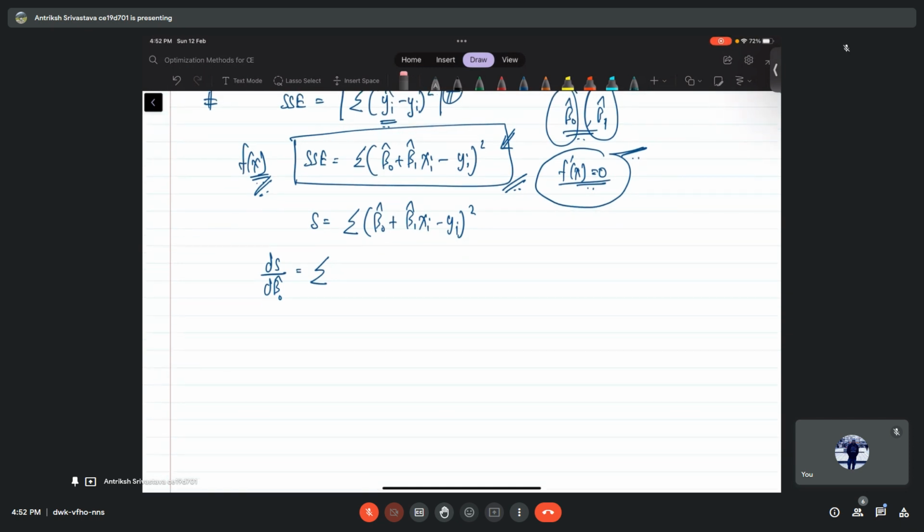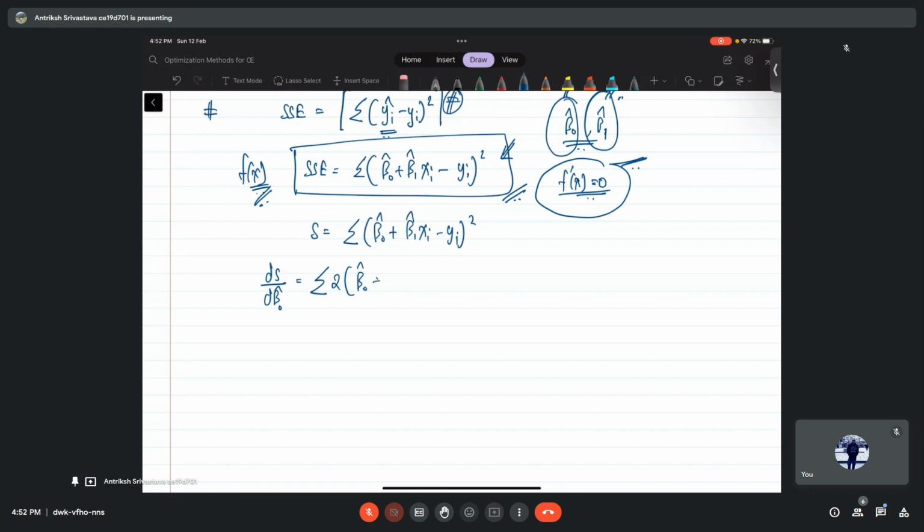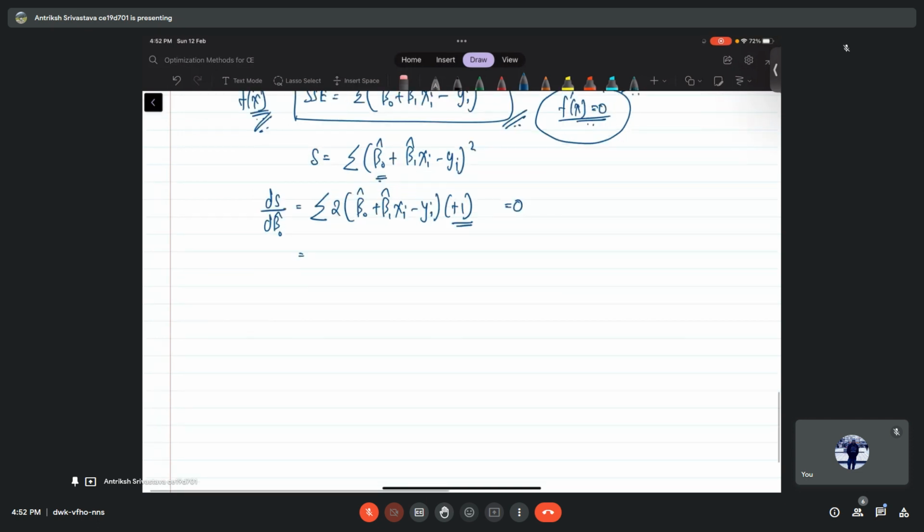So this is going to be 2, the power will come here, and this is going to be b naught hat plus b1 hat xi minus yi, and then times 1 when we differentiate b naught hat separately. Now this expression we have to put to 0. Then we expand this, we give the sigma to every term, and we just delete this 2, because 2 can go to the right side, and the 1 can go to the right side, and they all vanish in the 0.